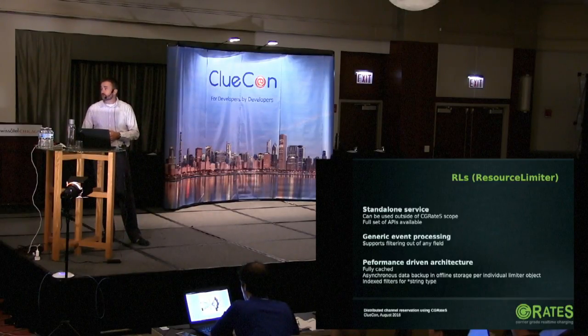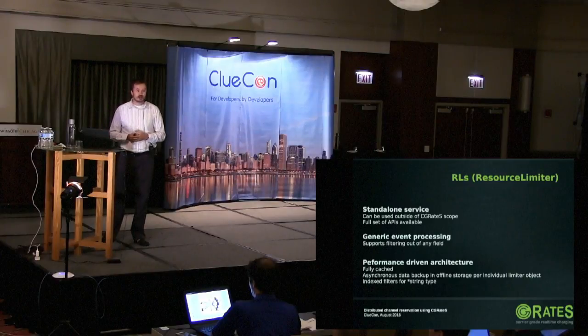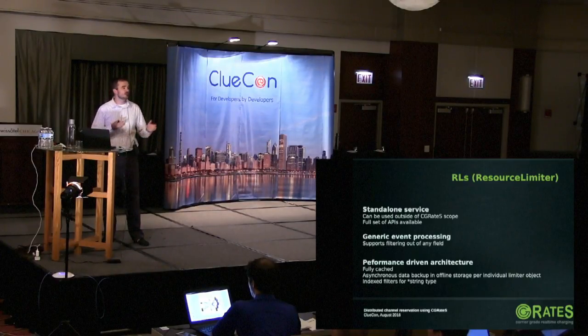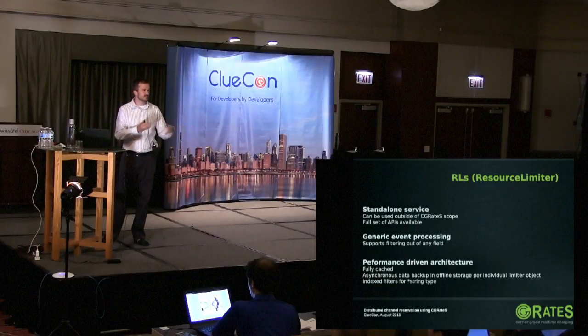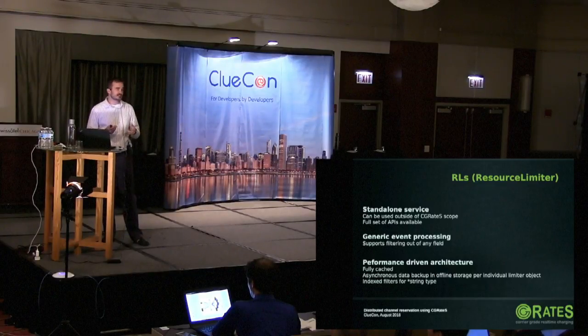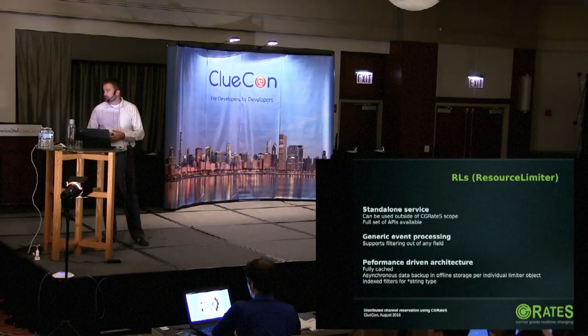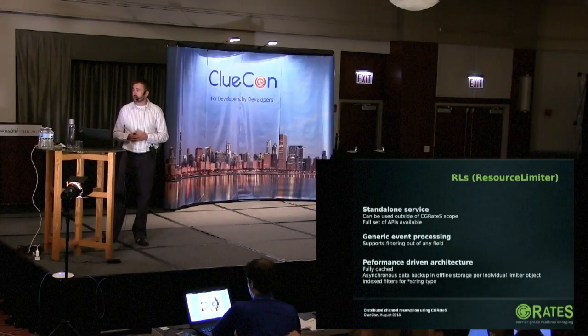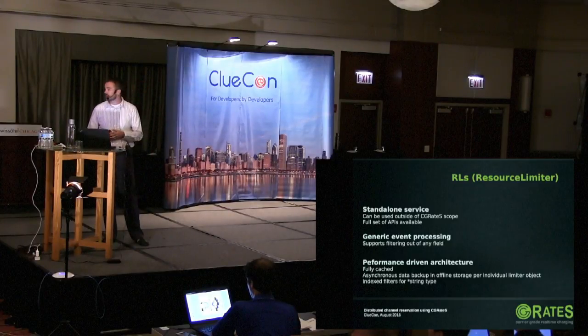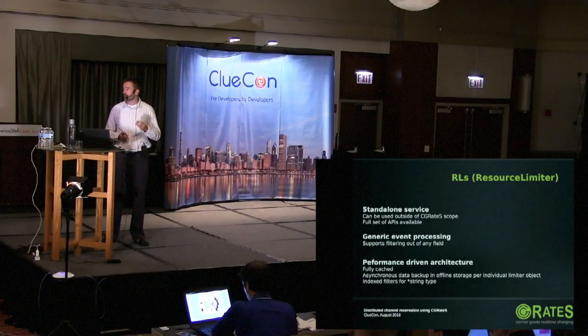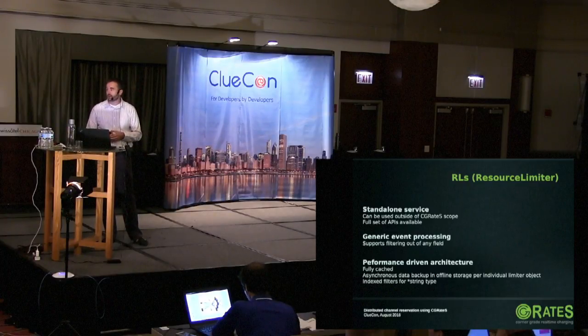We process the events in a generic way, so you give us a hash of information and you filter it in your own way. Based on that, you are pretty flexible with the rules you have. It's a performance-driven architecture. It's fully cached, and we operate everything in memory, and we do asynchronous data backup per individual limiter object.